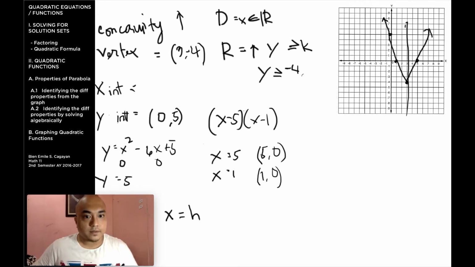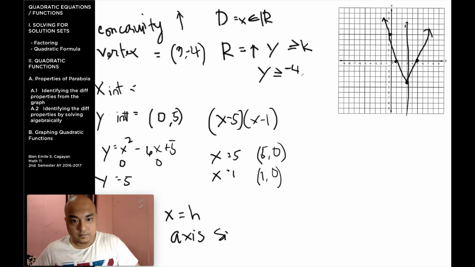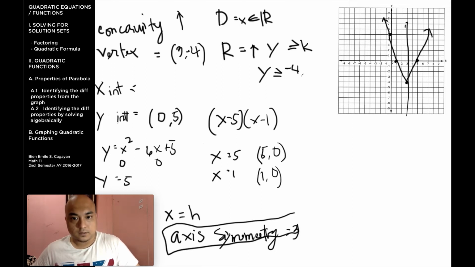We know what h is. It's 3. So our axis of symmetry is x equals 3. There you go. We figured out the properties of this parabola.